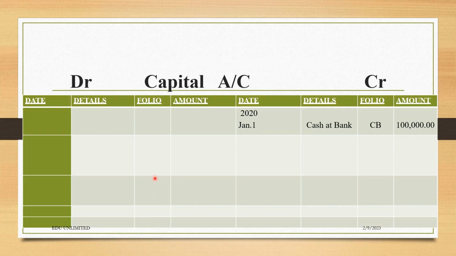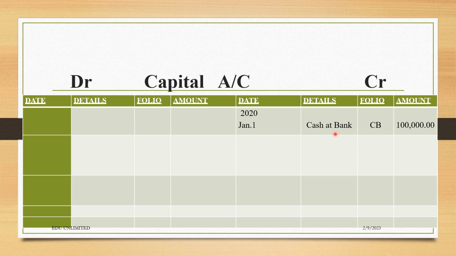The double entry system of accounts guideline was that to increase capital, we would credit the capital account. So in the general ledger, on January 1, 2020, under the detail columns, the capital account has cash at bank, the folio is CB, meaning cash book.